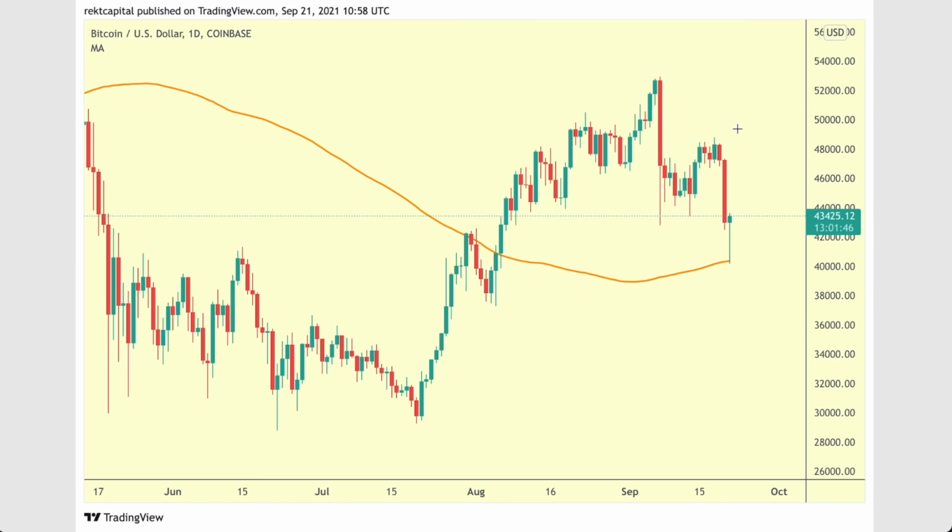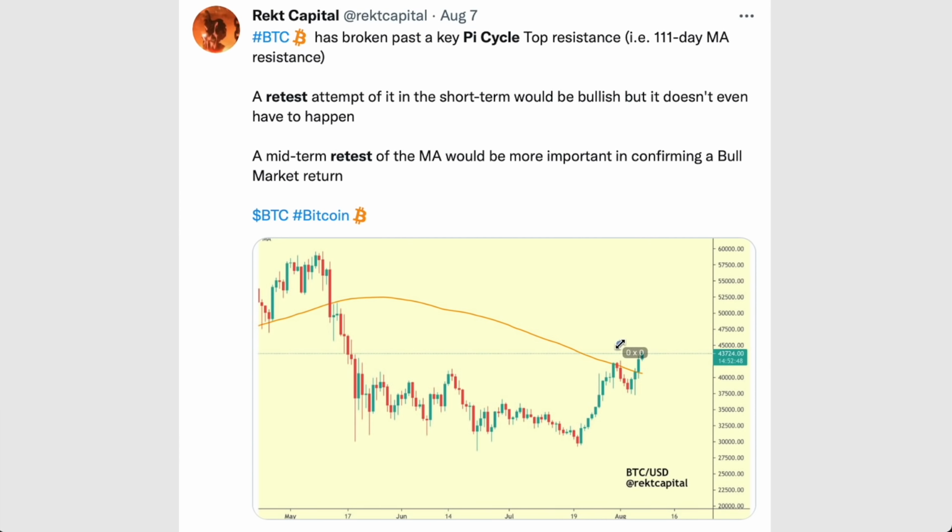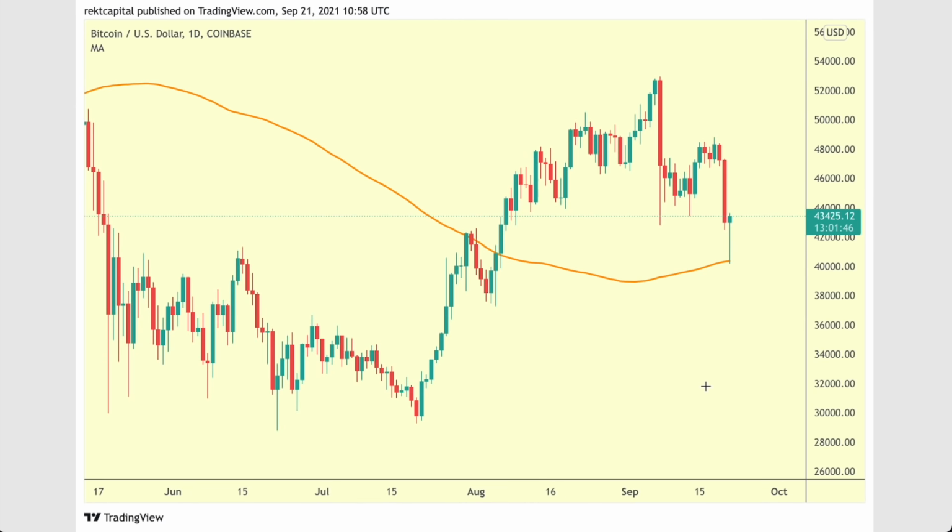And here's an update to that tweet. You can see that back on August 7th, we broke beyond this moving average and did an entire curling down formation on Bitcoin and revisited the same point, that is the 111-day moving average.